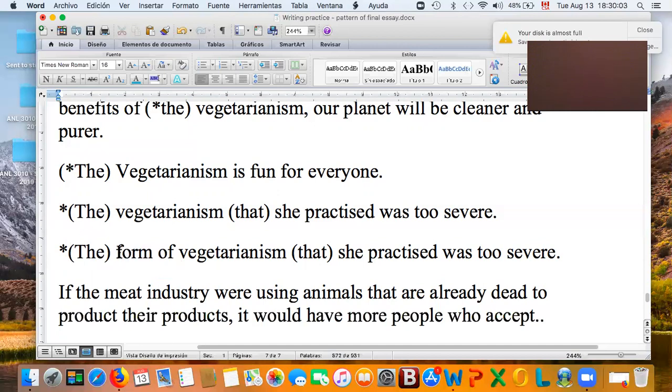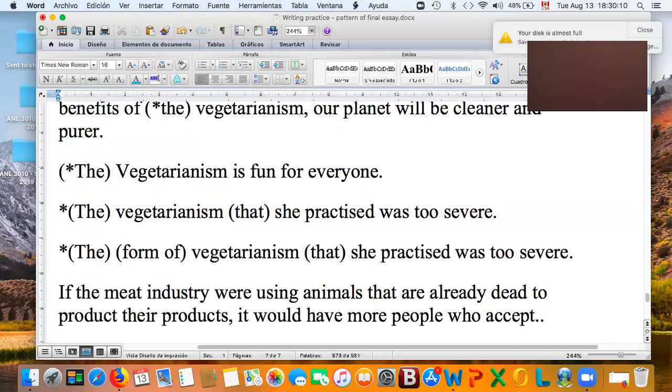This is optional. It can drop. Nothing changes if you drop it. So the form of vegetarianism that she practiced was too severe. This is optional. But this is not optional. The, which one? You're supposed to know which one I'm meaning.